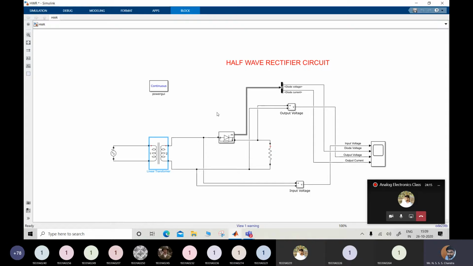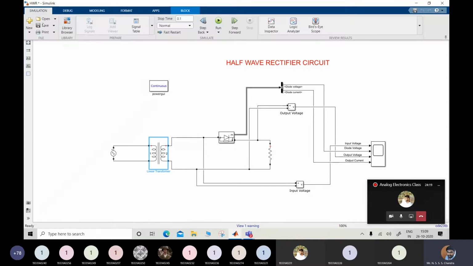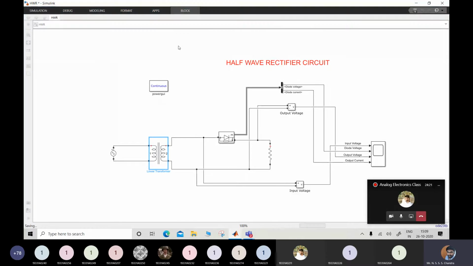When I am running this, I can save it again. So I'll be saving it and then I'm getting it. I've shown you the simulation after using a transformer. I am giving 230 volts to the primary of the transformer and then getting 10 by square root 2 RMS value at the secondary of the transformer, which I am giving to the half-wave rectifier circuit.